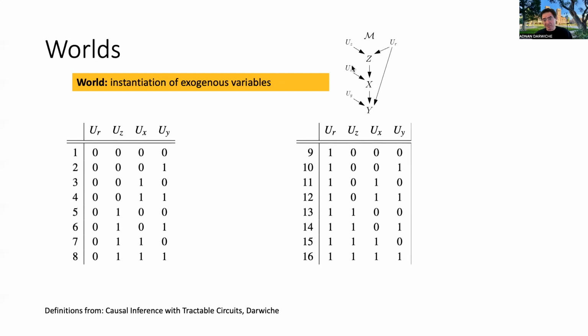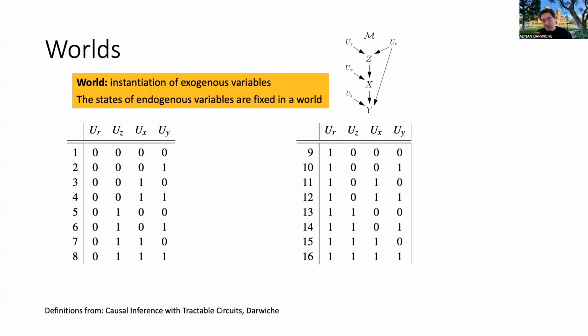I have 4 exogenous variables here. They're all binary, so there are 16 possible instantiations. Every time you pick one of these, say 0, 0, 0, 0, the values of X, Y, and Z are determined by the equations, so I can now add them, they're implied.